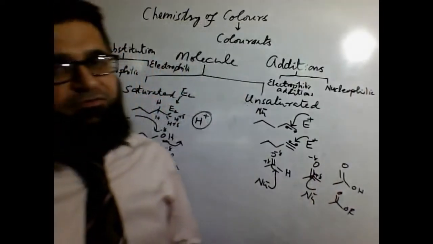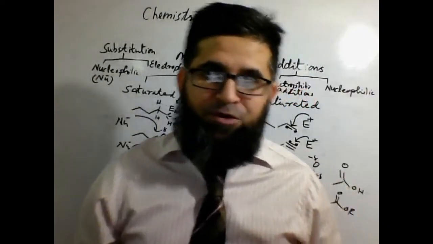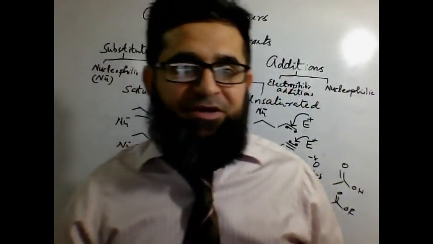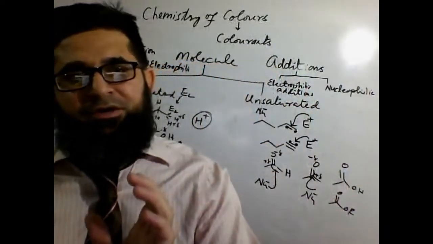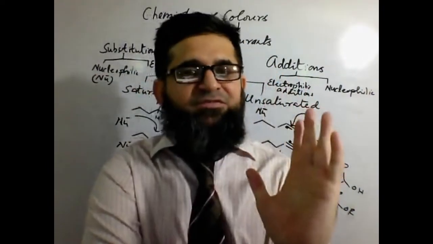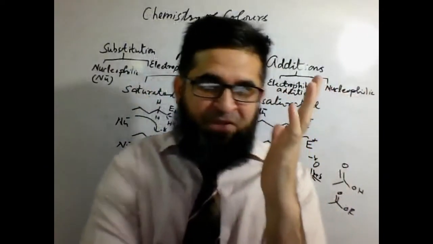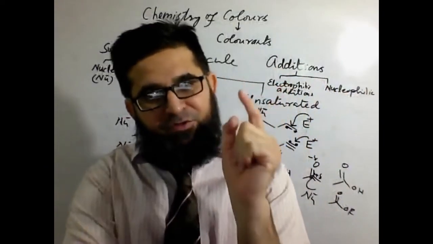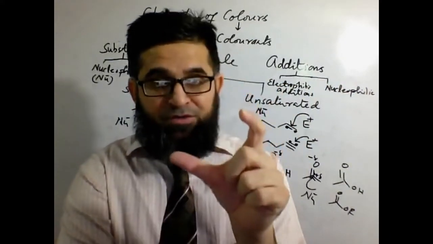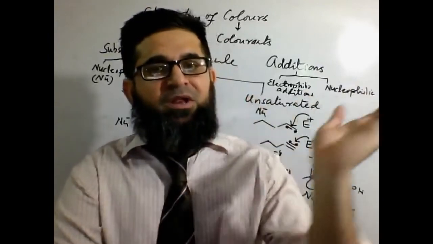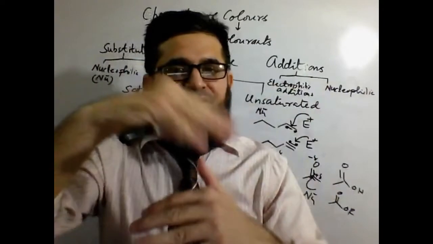So whenever you see a molecule, the first thing that should come to your mind about its reactivity is to look whether the molecule is saturated or unsaturated. If saturated, valency is filled, so no addition, only substitution, okay? Then what sort of substitution? If the molecule already contains electrophiles, then some electrophile can come in and replace the existing electrophile, so electrophilic substitution, okay?